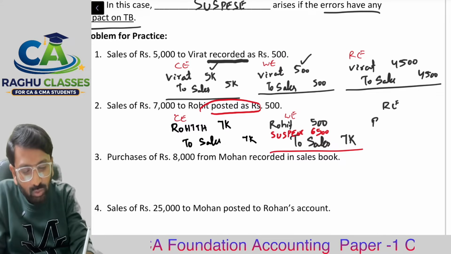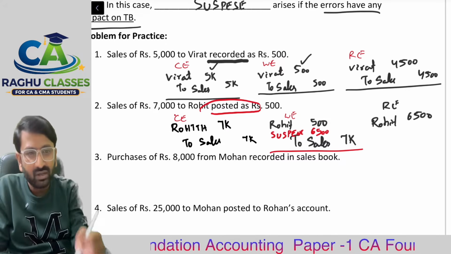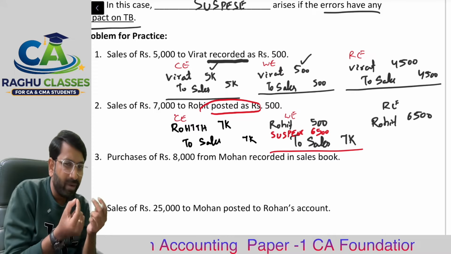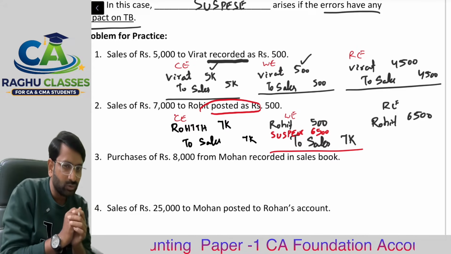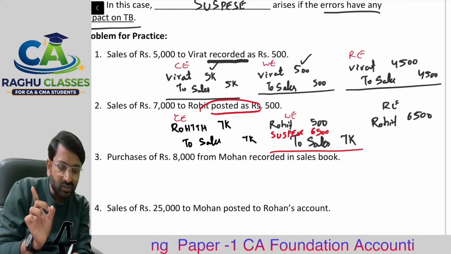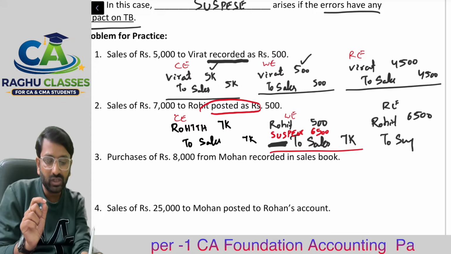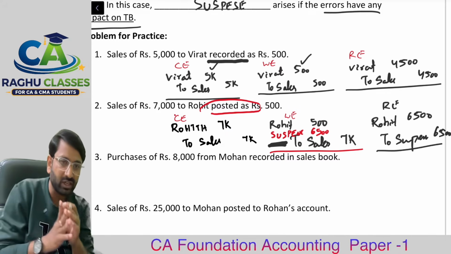So I'm going to debit the remaining 6,500. So Rohit debit 6,500. And the moment I rectify the error, I don't need to maintain suspense account anymore. So that suspense account needs to be eliminated from your accounts. We have debited suspense account, and to eliminate that, I'm going to do the credit. So the entry will be Rohit account debit to suspense account. This is how we rectify.